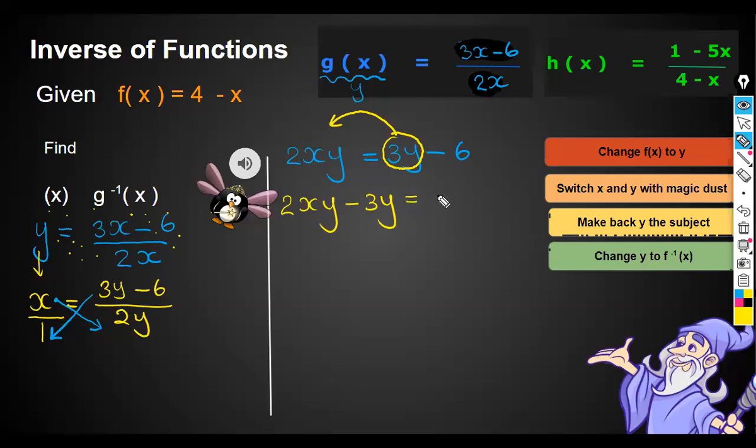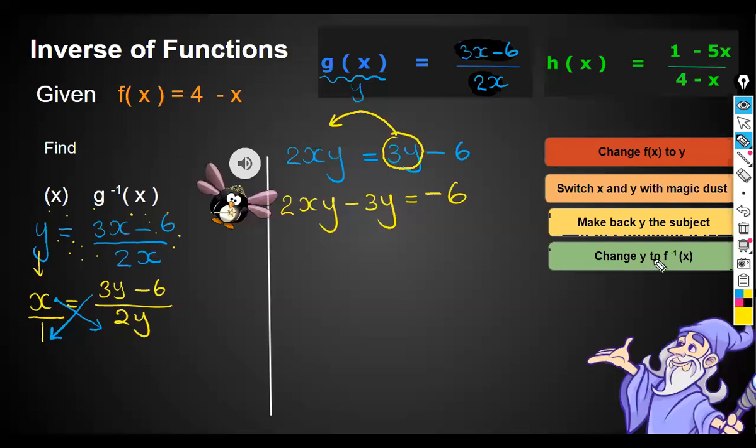And I realize some people made a mistake. What's the mistake I just made? Remember this is minus 6. How did it change to positive 6? Remember this minus sign belonged to the 6. It never moved. Some people forgot to write back the minus 6.